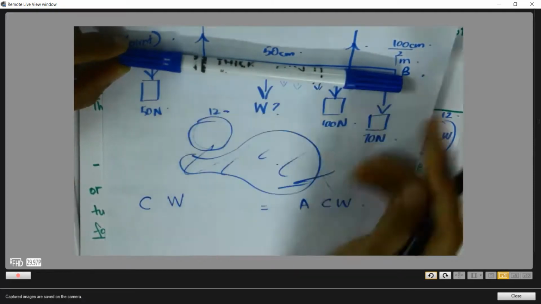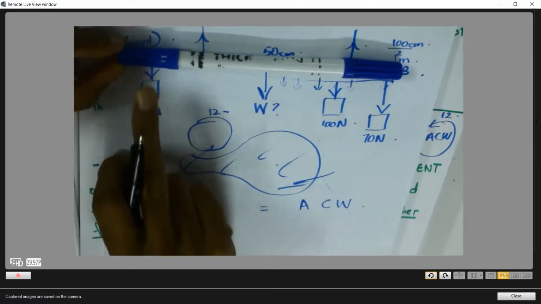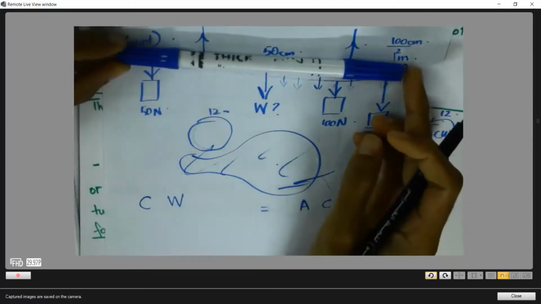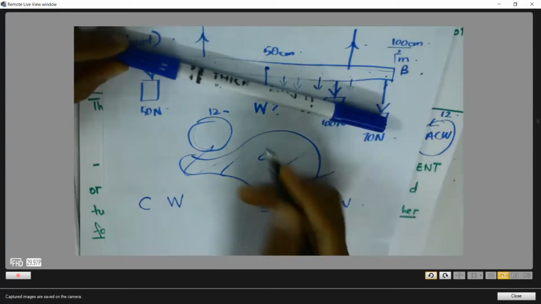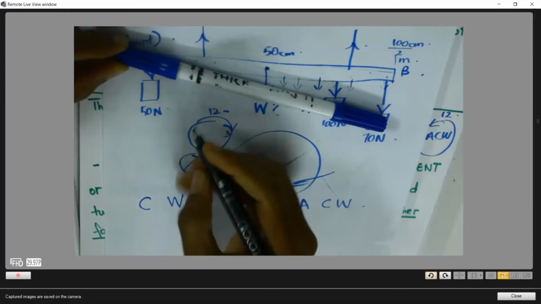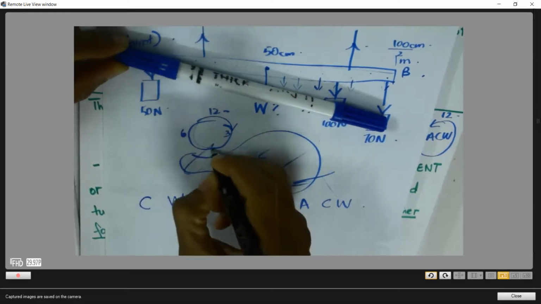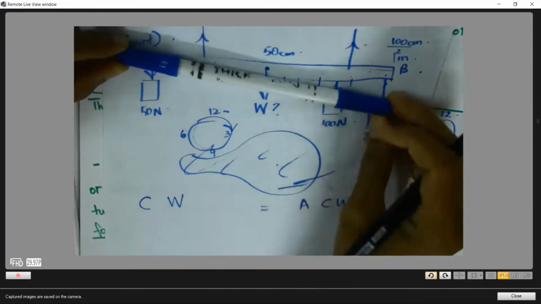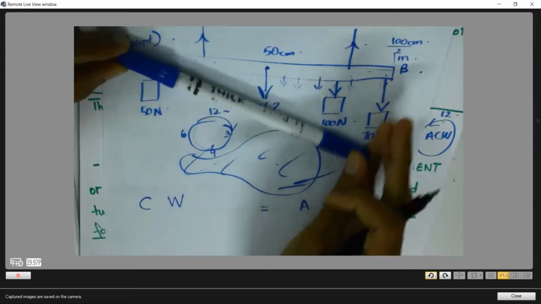So if I just look at this force, what is this force doing? Taking it this way. This is my imaginary clock here. So this is going this way. So this is clockwise, okay?